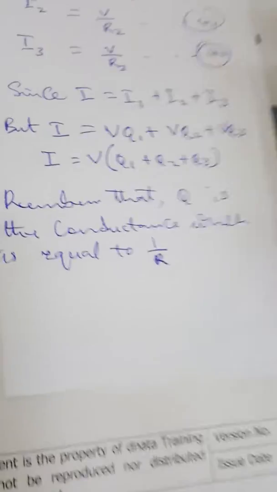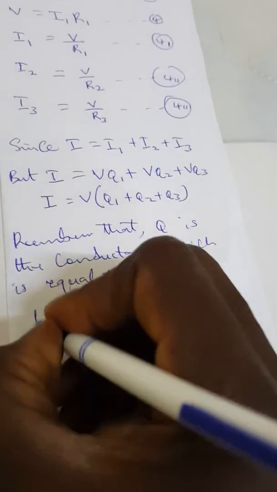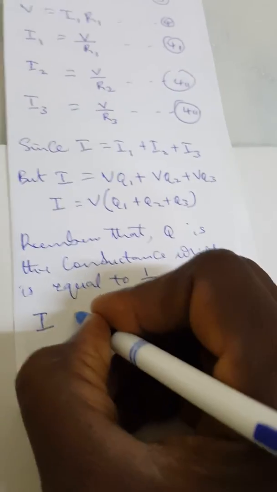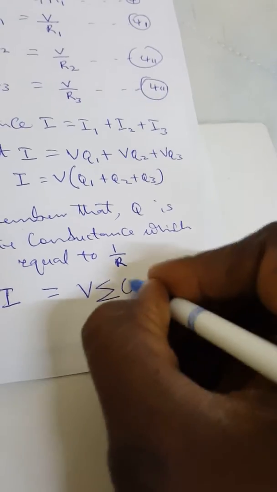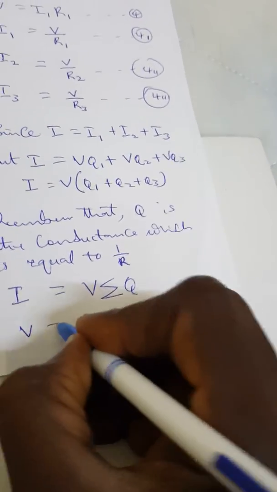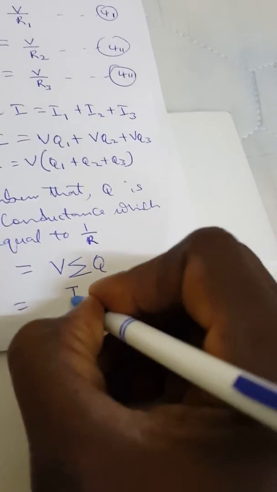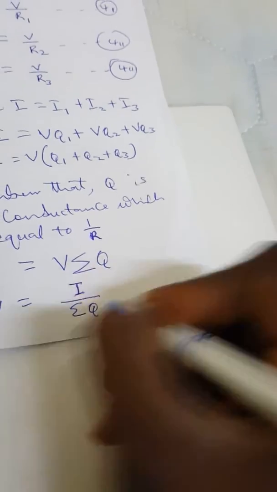So in this case, I is equal to V times the summation, the total of G. Agreed? Where V is equal to I over the total of G.